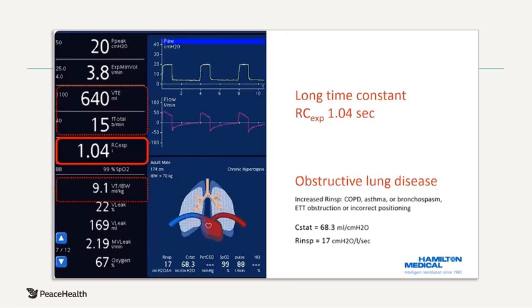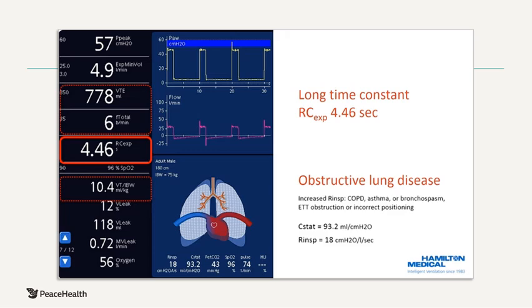And now we can see the monitoring of a ventilator demonstrating a patient with an RC-exp in the long range, indicative of an obstructive patient, and the corresponding rate and mL per kilogram value for tidal volume. And finally, again here we're showing the monitoring of a ventilator demonstrating a patient with an RC-exp in the extremely prolonged range.